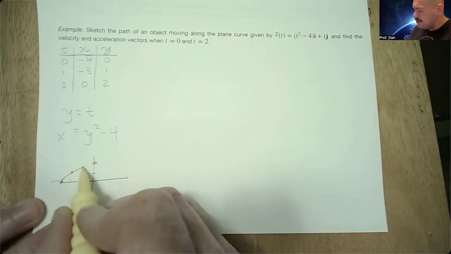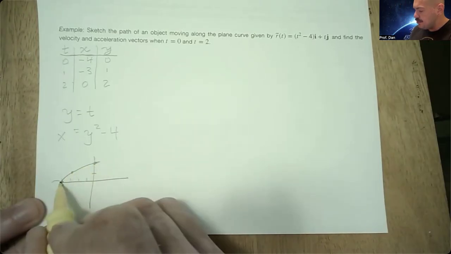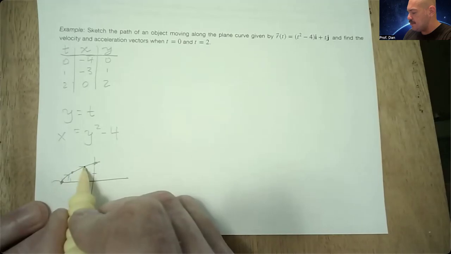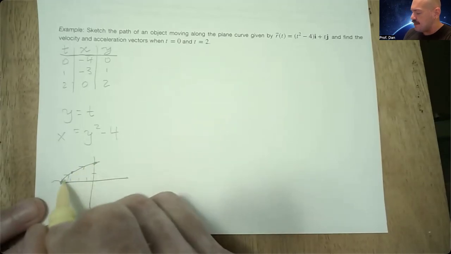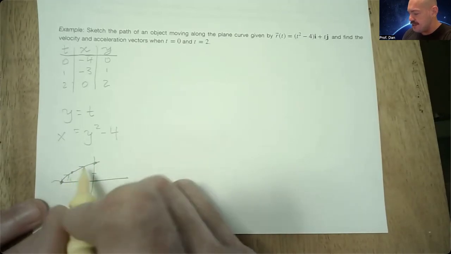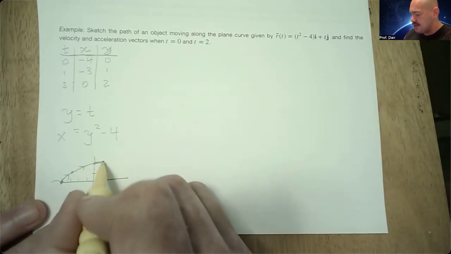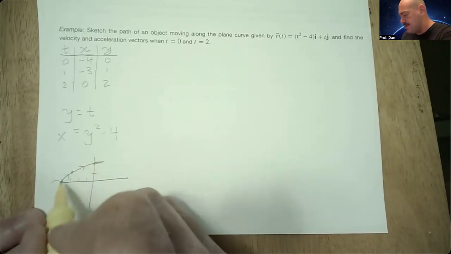So between t equals 0 and t equals 2, we're basically moving from this point to this point. And remember, with vector valued and parametrics, we want to have arrows that show us the direction that the object's moving. And we know that this is going to continue off as t gets larger than 2.